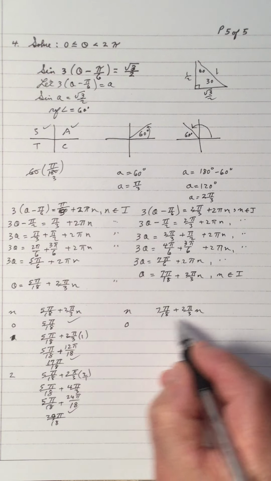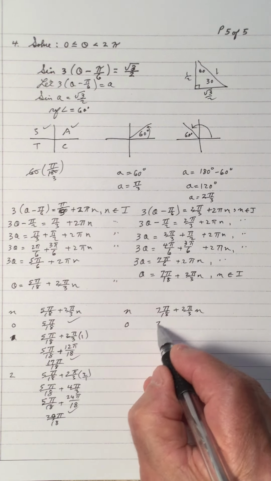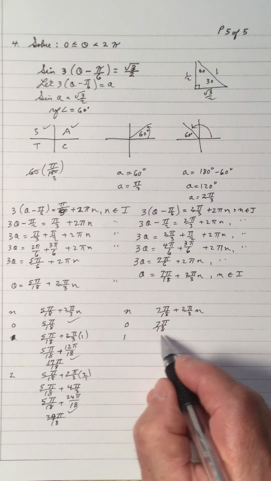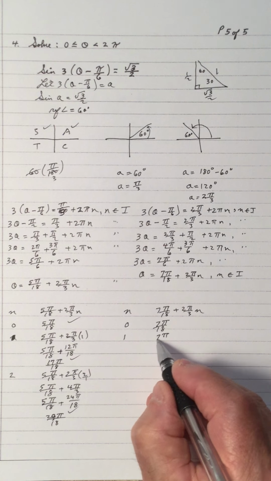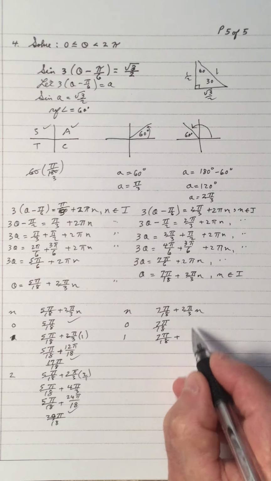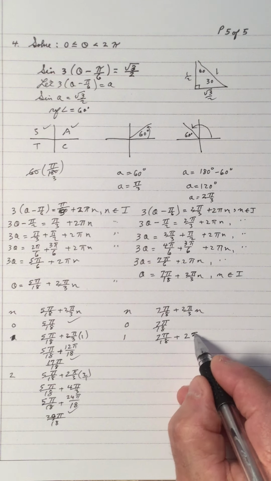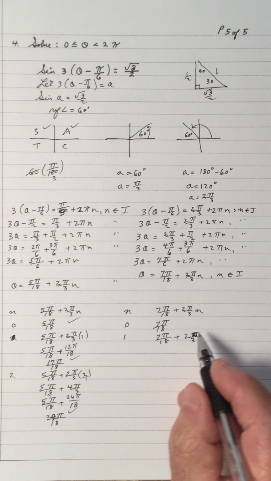So when n is 0, put a 0 here, we get 7 pi over 18. We put n is 1, we get 7 pi over 18. N is 1 here, so we get 2 pi over 3.